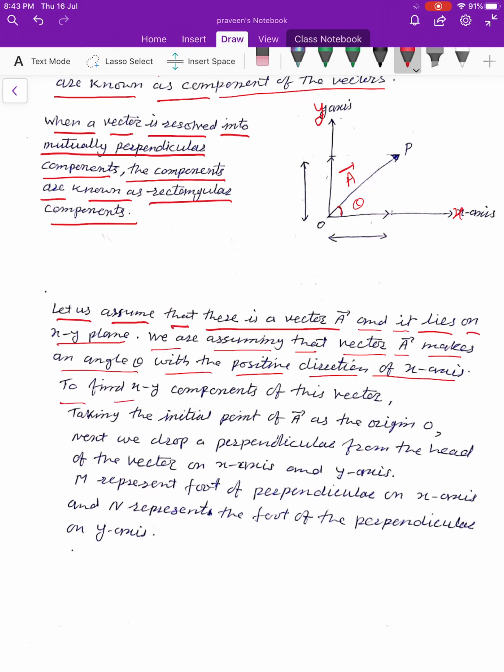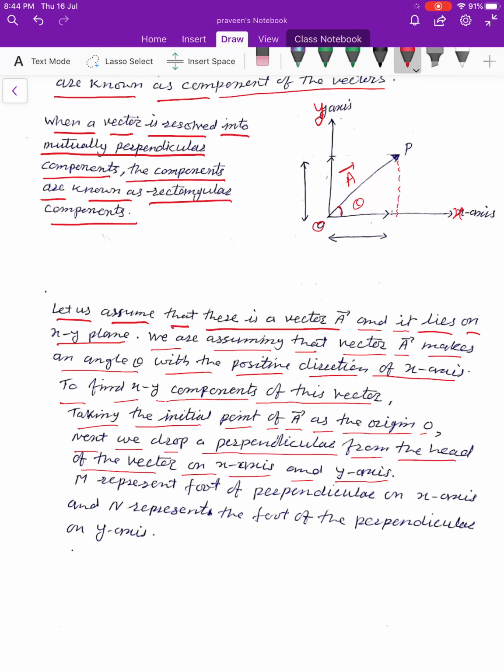To find the x, y components of this vector, take the initial point of the vector as the origin O. Next, we drop a perpendicular from the head of the vector on the x-axis and y-axis.